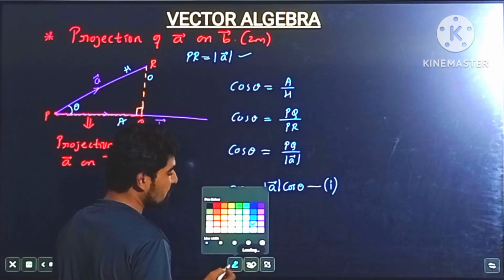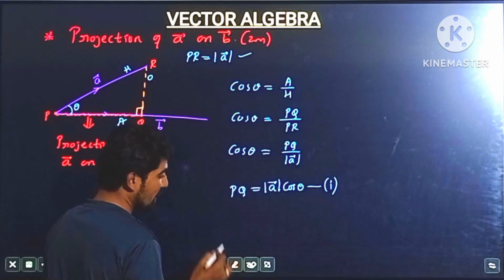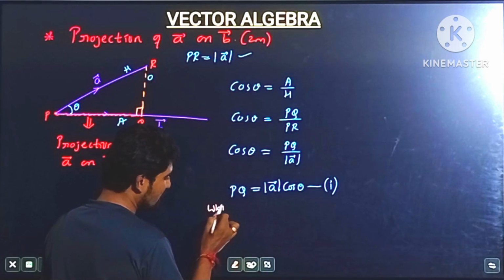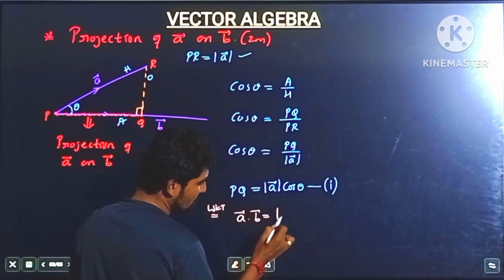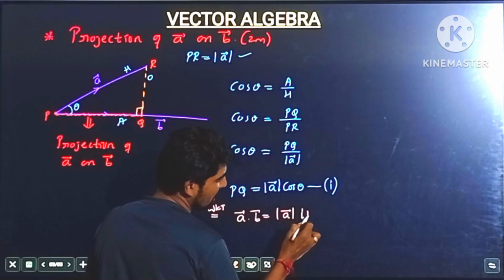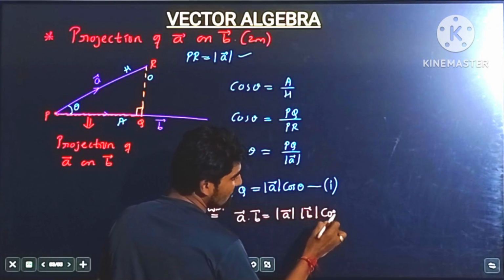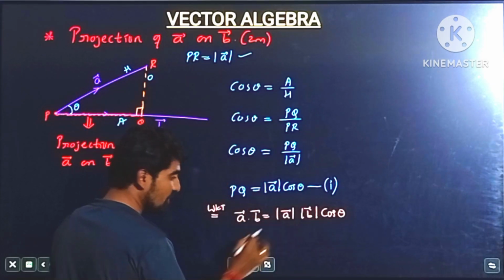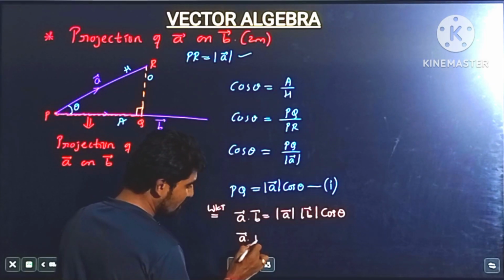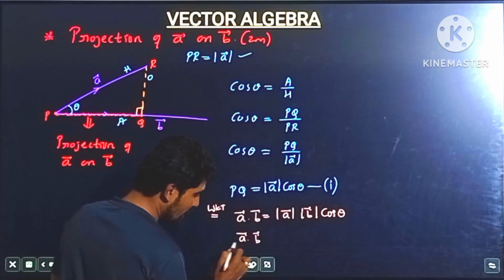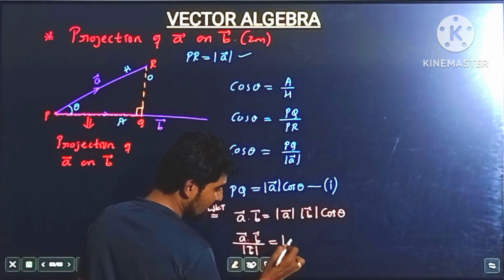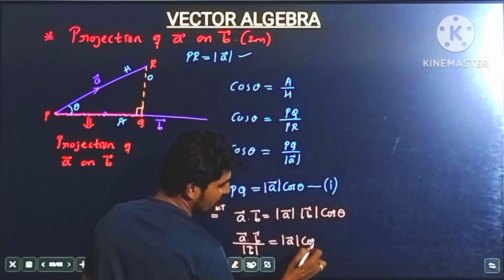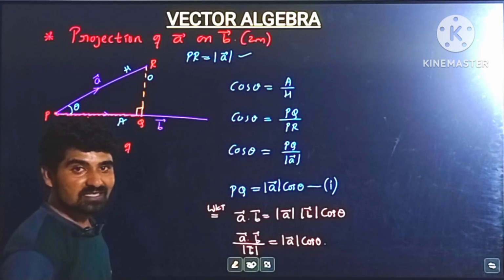Or in other words, we know the definition of dot product of two vectors, that is A vector dot B vector is equal to magnitude of A vector into magnitude of B vector into cos theta. So by this definition, A vector dot B vector divided by magnitude of B vector is equal to magnitude of A vector into cos theta.